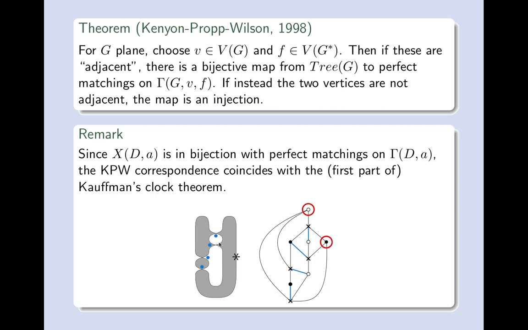You can see that by just adding to the matching each half edge, which is determined by the pair region and crossing, like this. For each component of a Kauffman state, we obtain a perfect matching on the Tait graph.